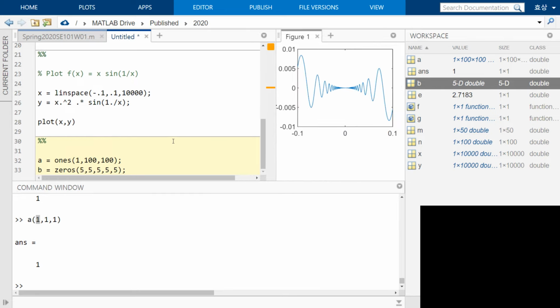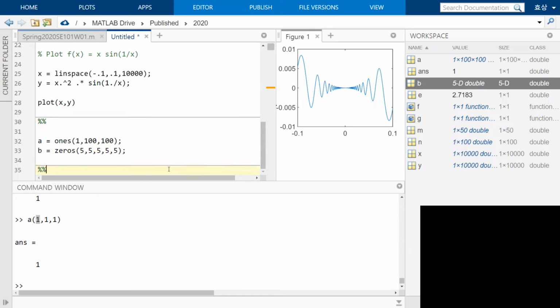So there are lots of functions and functionality in MATLAB. You can not only write your commands, but also compute some formulas symbolically. For example, you can take a derivative, or you can take an integration symbolically.